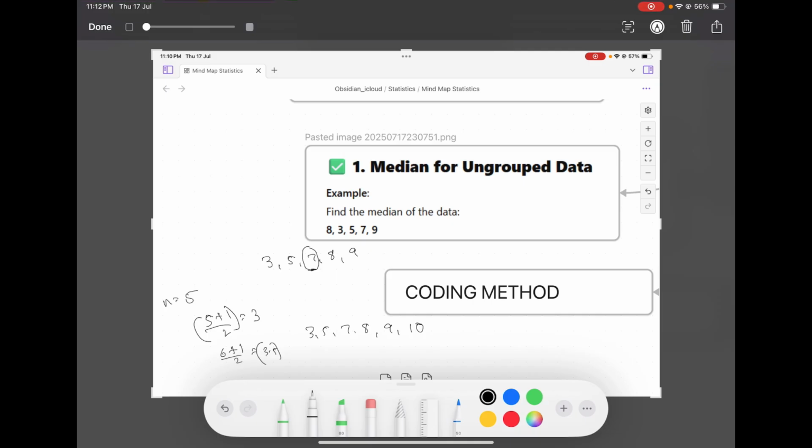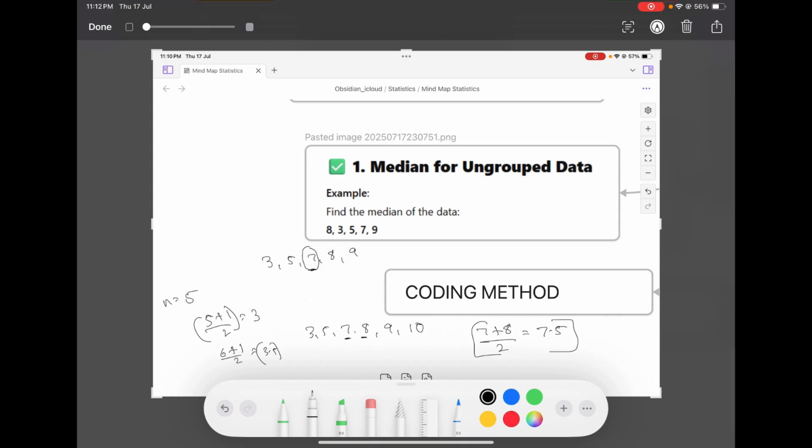That means you need to take the third and fourth numbers, 7 and 8, and average them. 7 plus 8 by 2 is 7.5. So this is the median in that case. If the count is odd or even, the calculations are quite different. This is how you calculate the median for ungrouped data, that is the middle value.